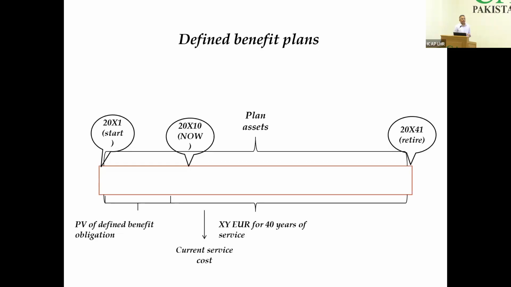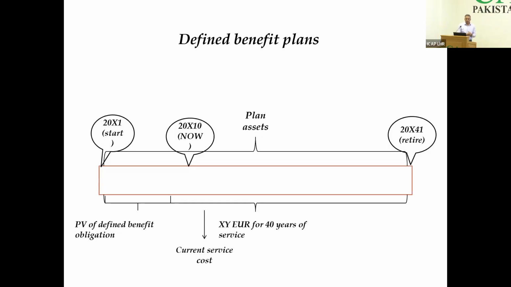Normally the method uses straight line, but it involves a lot of present value calculations, and certain statistical variables are incorporated in the calculation. So let's discuss this projected unit credit method, and what accounting entries and what different aspects are covered in this area.